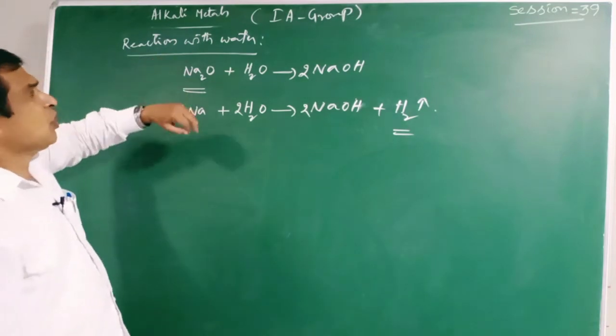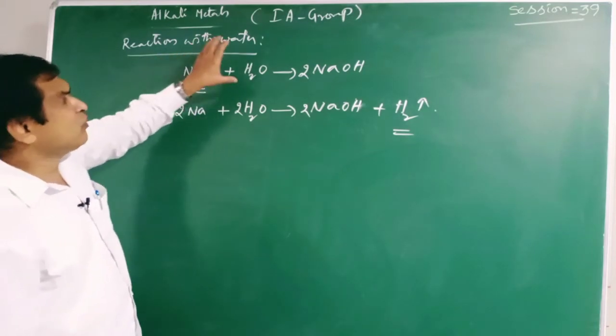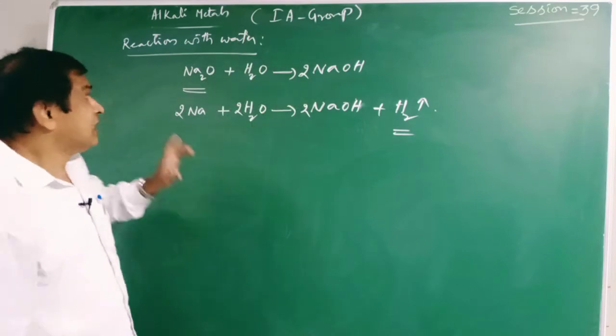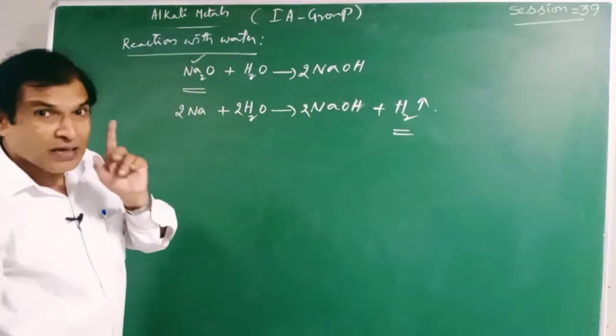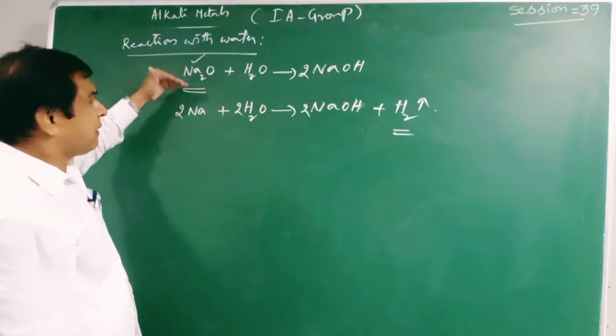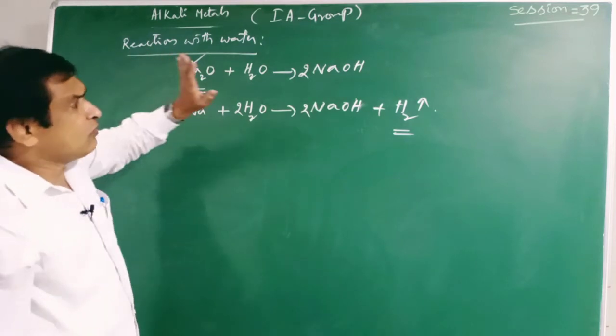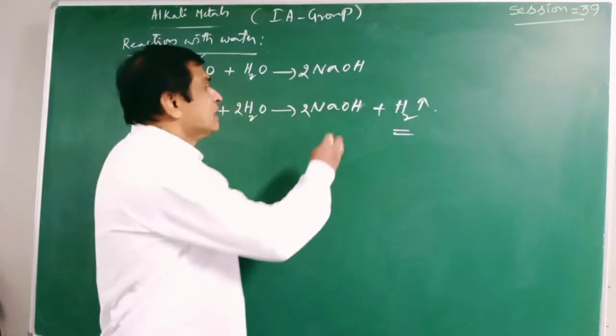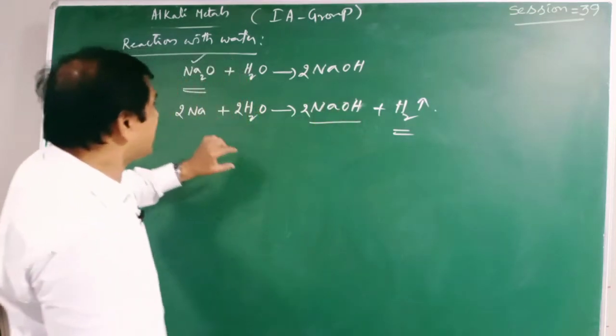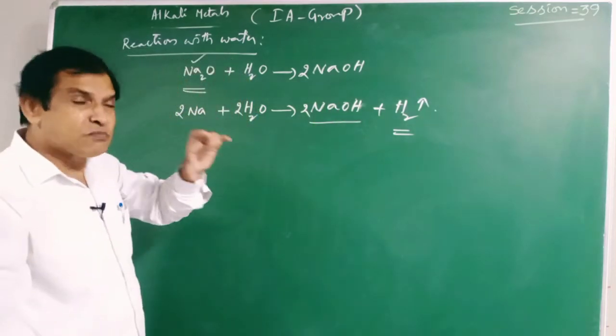So oxides dissolving in water form sodium hydroxide, indicating the basic nature of the oxide, and the element dissolving in water also produces the same hydroxide. That indicates the element is basic in nature.